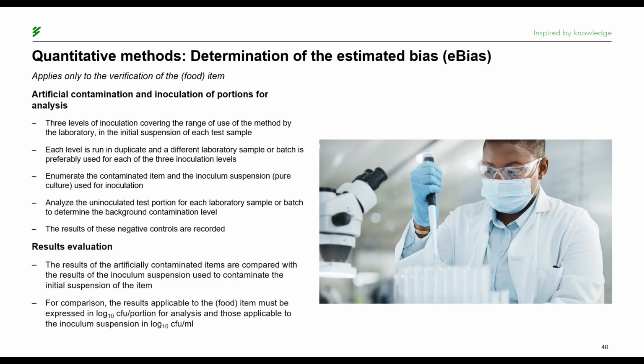Each one will be carried out in duplicate and our blank, to later count both the contaminated article and the inoculum suspension, which is what we must compare. The results will be expressed in logarithm CFU per test portion, and those applicable to the inoculum suspension in logarithm CFU per milliliter.